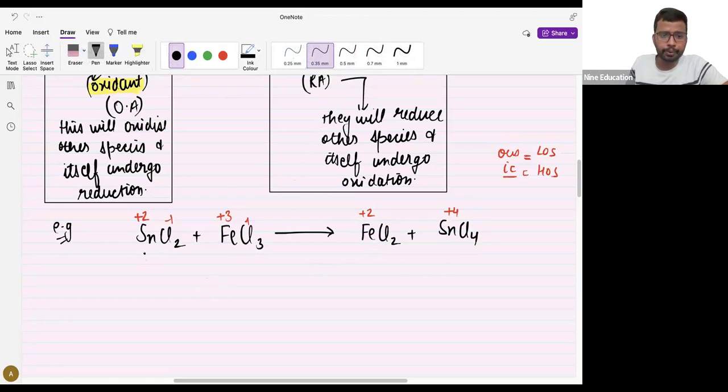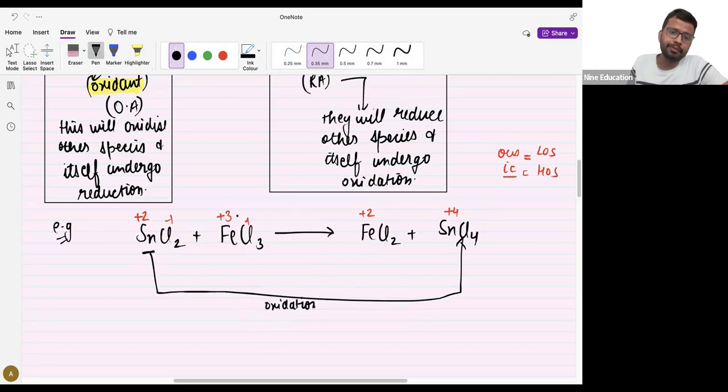Now from here you come to know that SnCl2 is going for oxidation. And FeCl3 to FeCl2 is what? From +3 to +2 is a decrease in oxidation number.